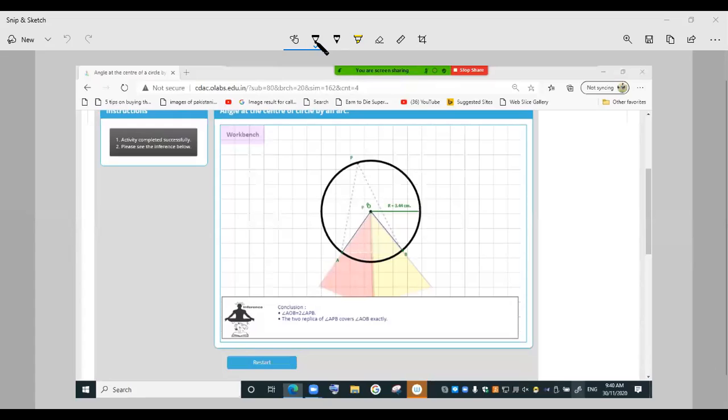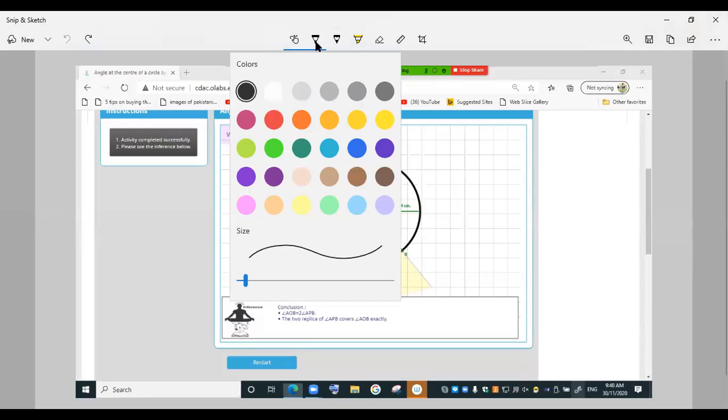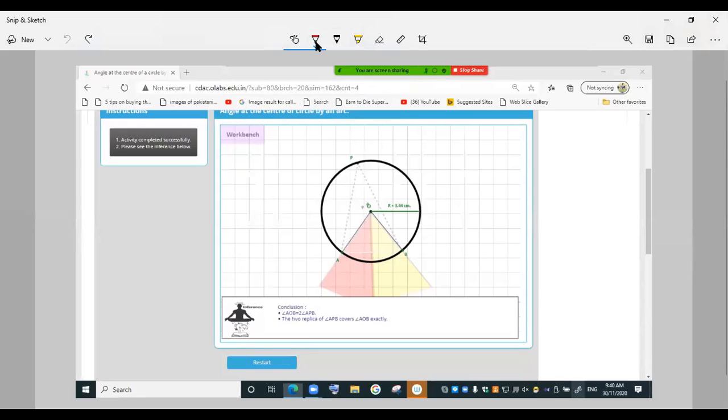You can see this angle, we have cut the replica of this and we put two replicas of this angle here. So that shows that if this is angle 1, here also you are putting angle 1. So 2 times angle 1.